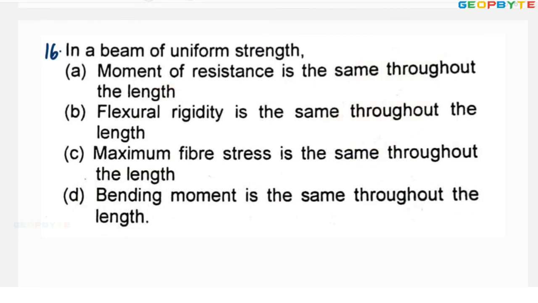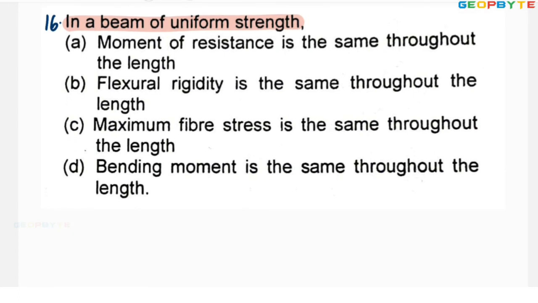Look at the problem. In a beam of uniform strength. To maintain the uniform strength in the beam, remember the beam must be maintaining the same bending moment throughout its length. Look at the options. Option A, moment of resistance is same throughout the length. Option B, flexural rigidity is same throughout the length.